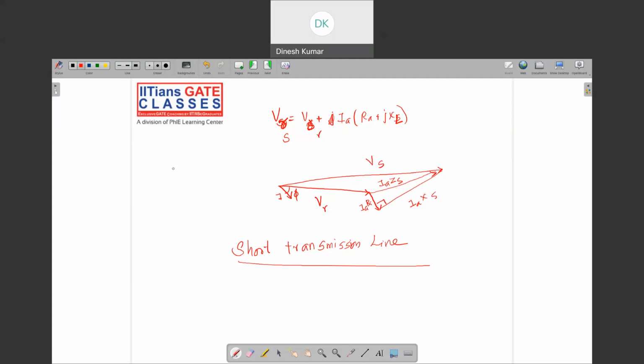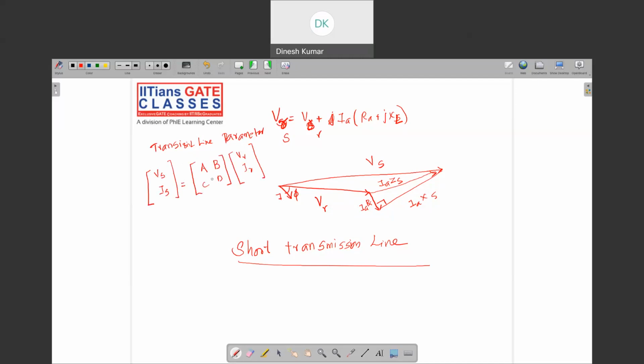Now we can think about the transmission line parameters. This is very important. That can be written similar to the ABCD parameters: Vs, Is equal to ABCD into Vr, Ir.